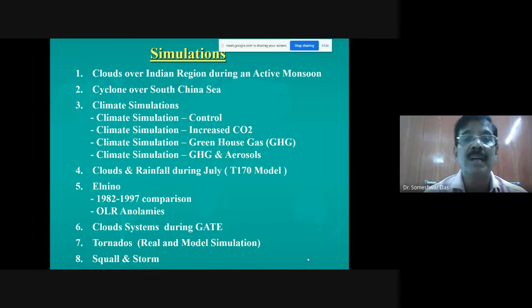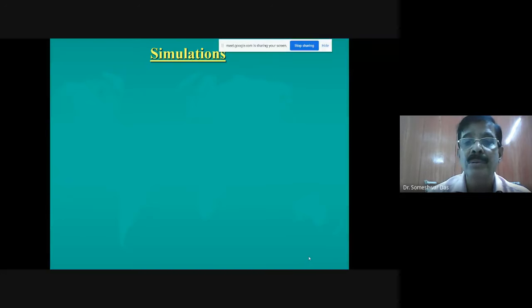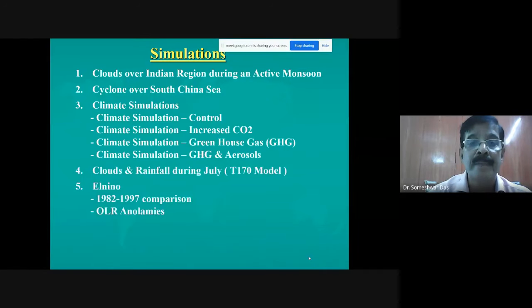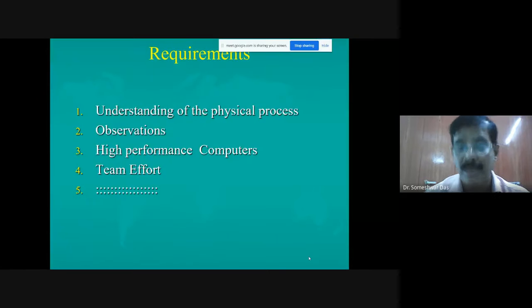So to start with, the clouds over the Indian region during an active monsoon season. But well, before I show you the simulated results, let me show you what the requirements of such simulations are.